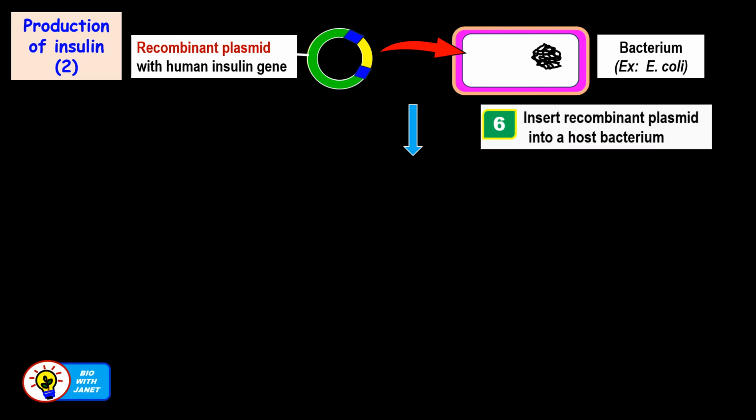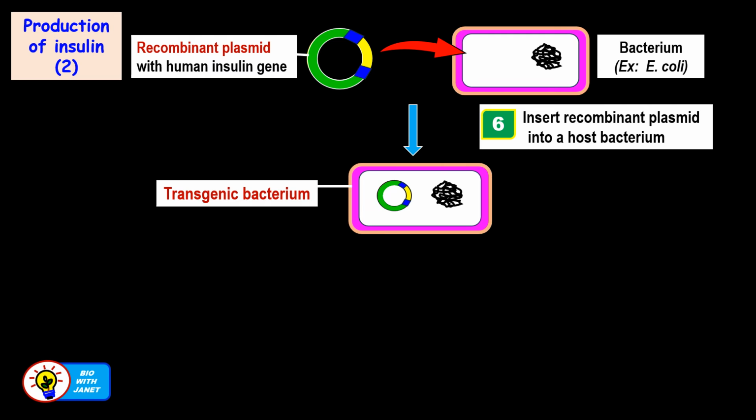So now we have this recombinant plasmid with the human insulin gene inserted into it. Next we get a bacterium or bacterial cell, for example the E. coli bacteria, and insert the recombinant plasmid into the bacterium, right?